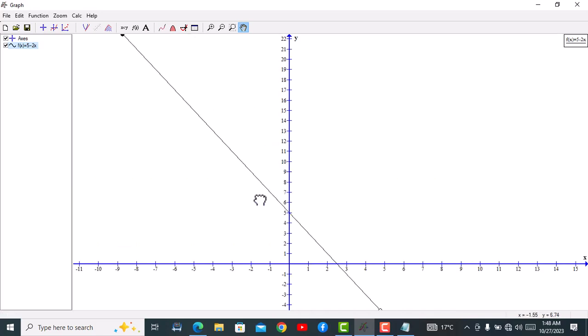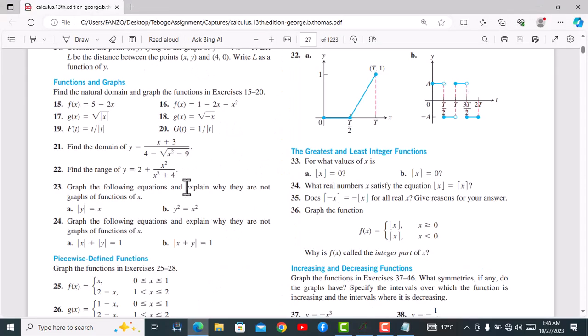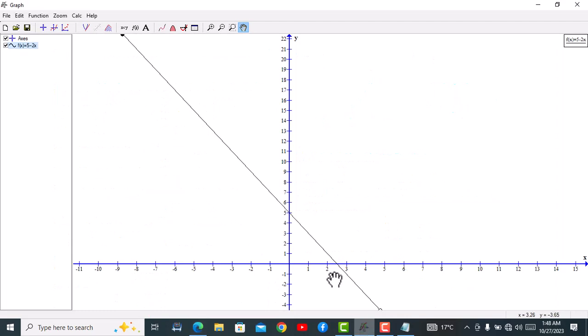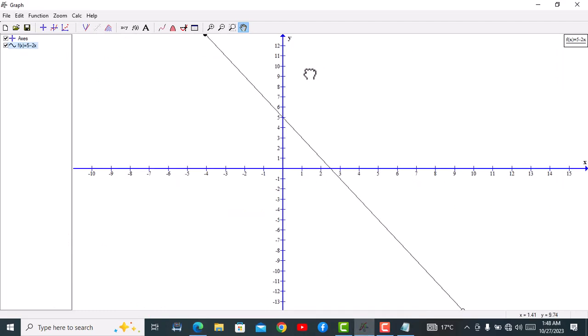You can try to move this as many times as you like, but they say find the natural domains. Remember, the domains are the values of x. Natural domains deal with natural numbers, which begin with 1, so please be very careful there.